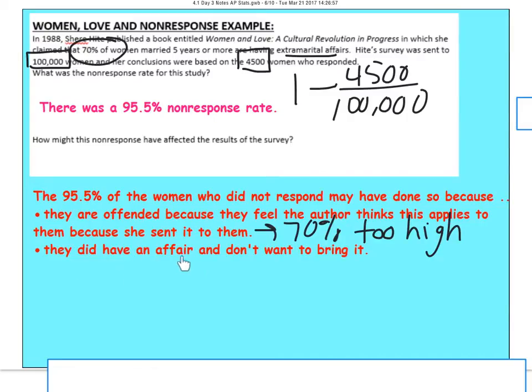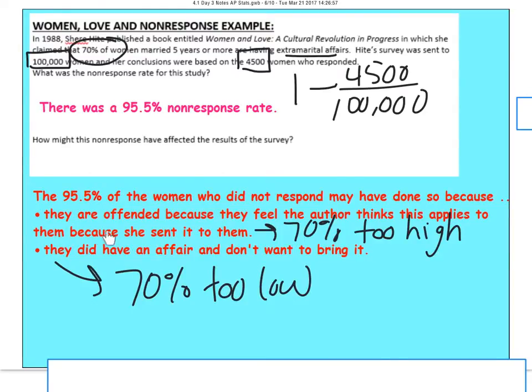Well, what if they were the ones that had the affair and they didn't want to bring it up? Well, in this case, the 70% would be considered too low because these ladies' responses are not included in here and they technically would have made it a higher number. So because there is error in this, we can say what direction the error took place.